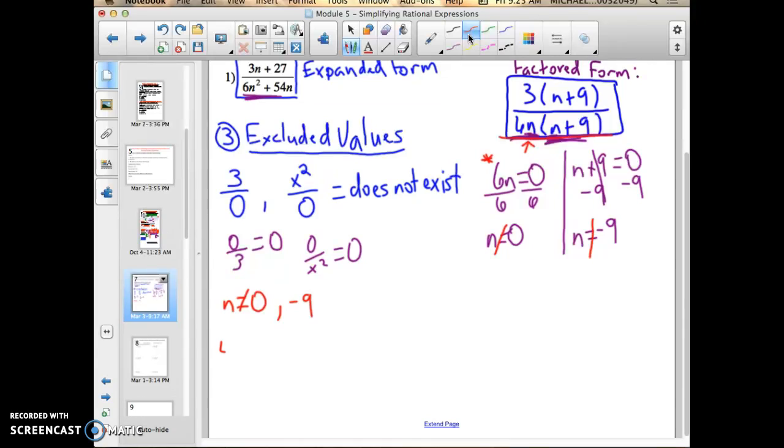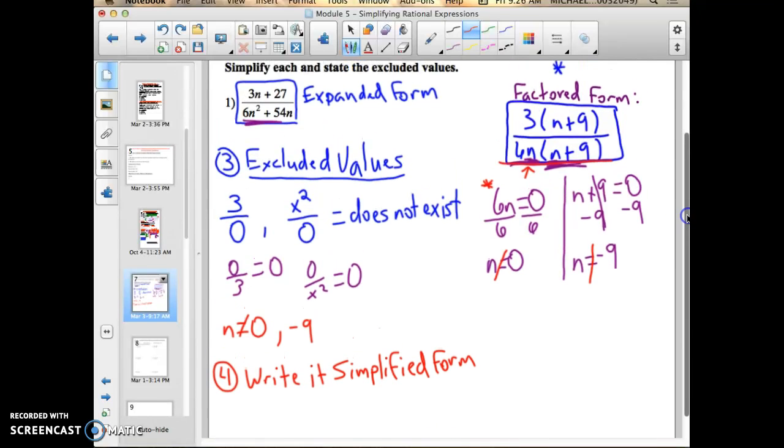Part 4 is to write the rational expression in simplified form. So in this case, I would reference my factored form up here. The thought process is canceling out like factors.